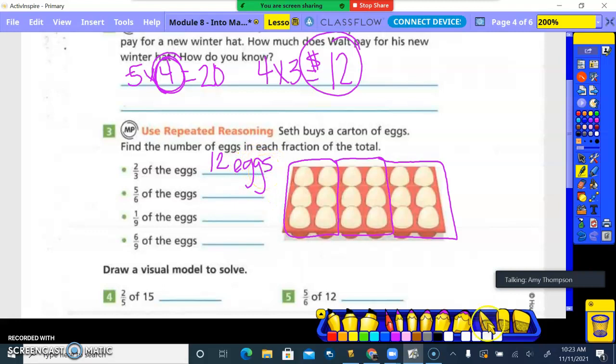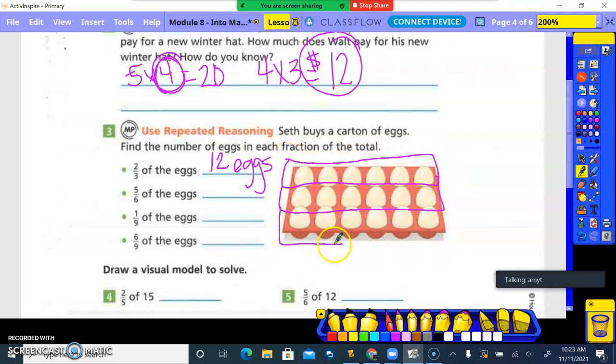Okay. Now I'm going to erase that. You guys can just use your pencils and change it, okay? Well, I guess technically I could have kept that, but that's okay. So this time they want 6 in each group. So could I go like this to make 6 in each group? Each group is going to have 6, okay?